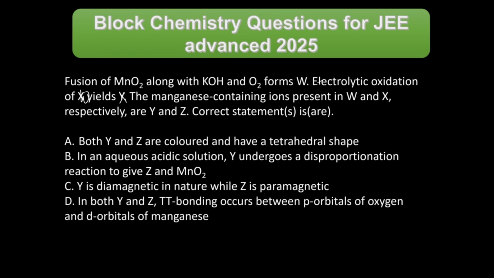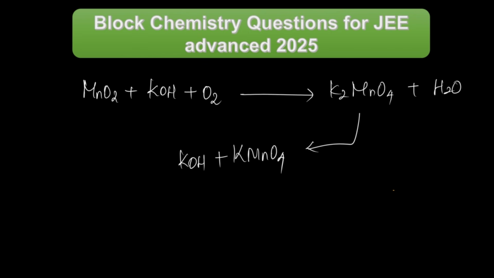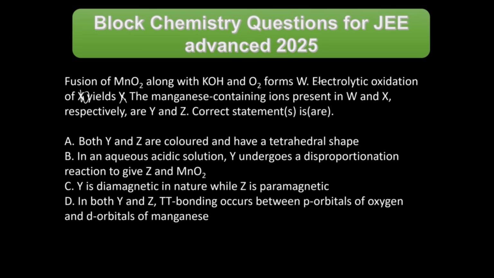And the manganese-containing ions present in W and X respectively are Y and Z. So what are the options given over here? Both Y and Z are colored and have tetrahedral shape.